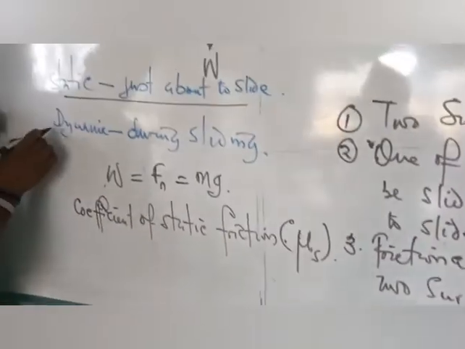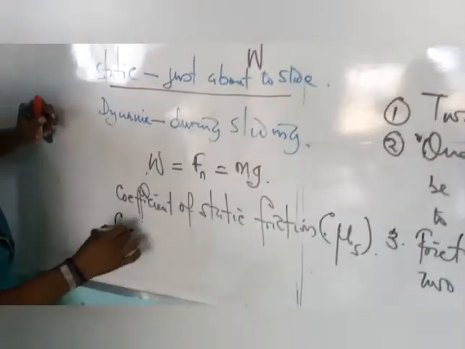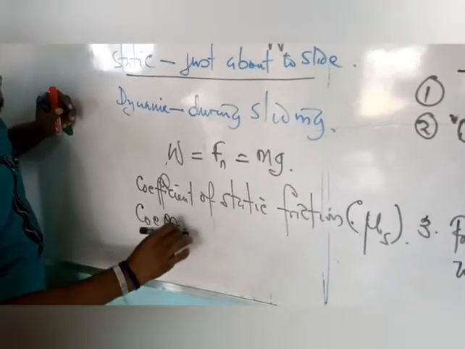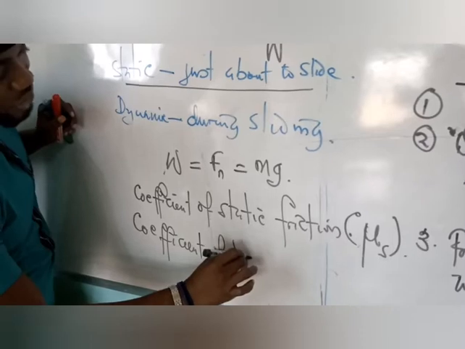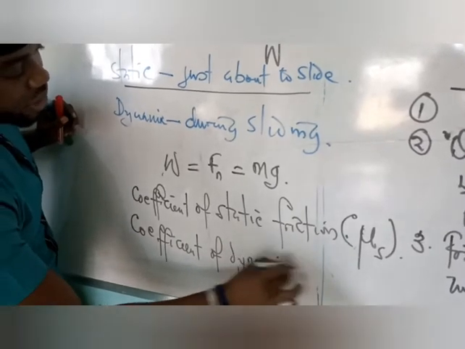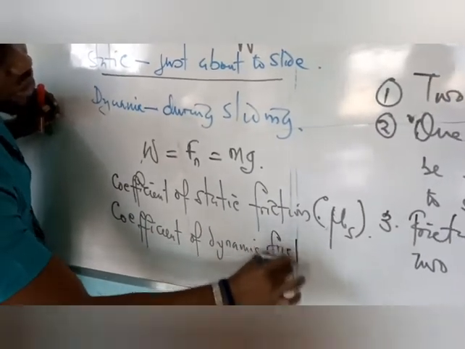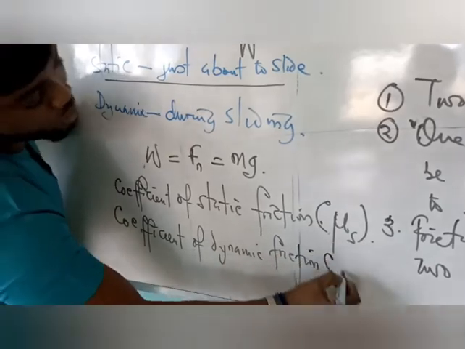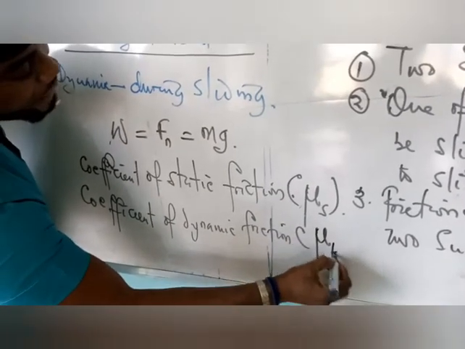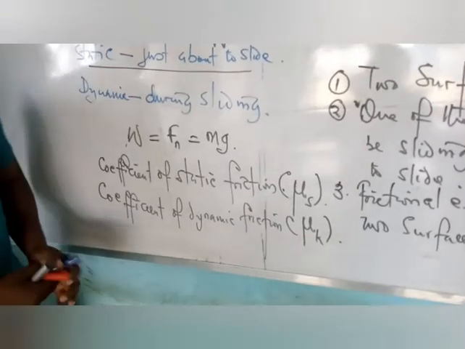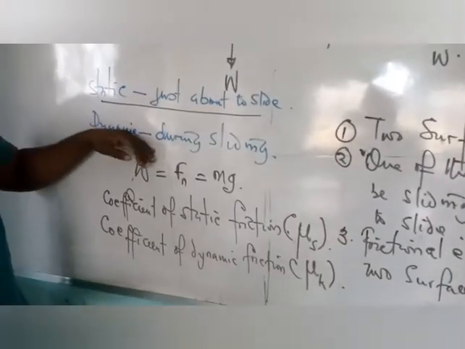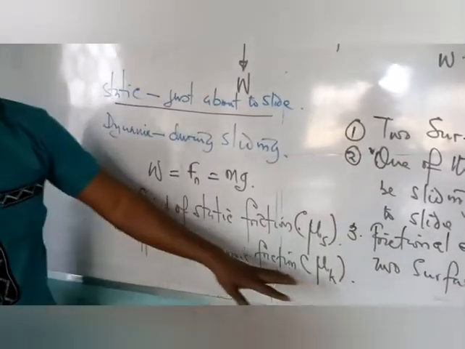Now, when the body is sliding, we have what we call the coefficient of dynamic friction, which is always represented as mu k. This k means kinetic. You can call it dynamic friction, sliding friction, or kinetic friction.